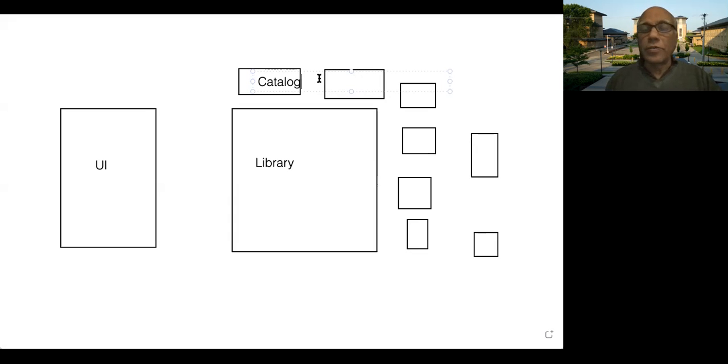And here we have member list. And then a number of objects possibly here.